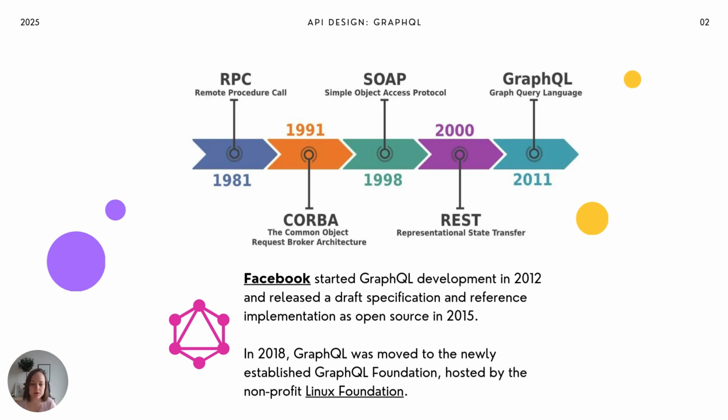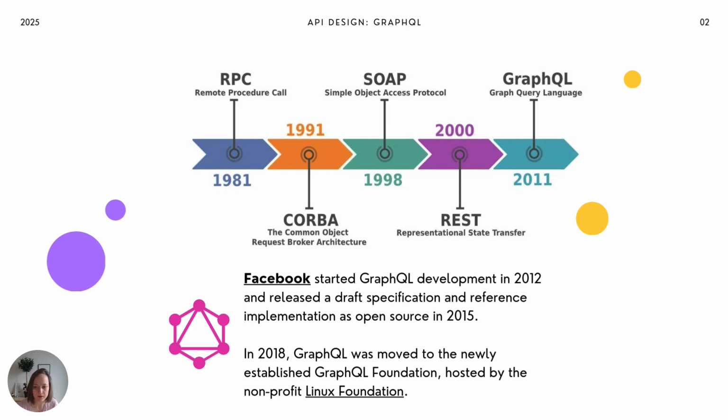REST, which we also go through, originated from 2000, and RPC and the more recently used gRPC is an even older technique. SOAP is almost dying out, however, it is still used in some legacy systems.